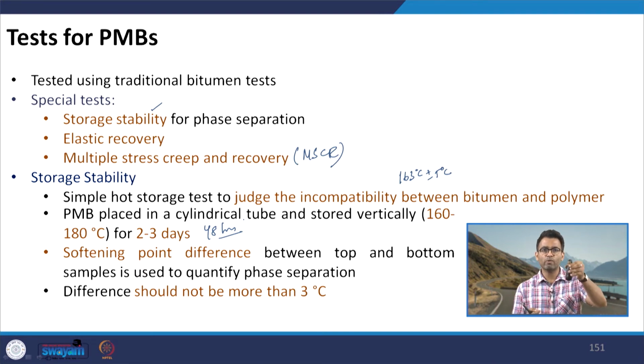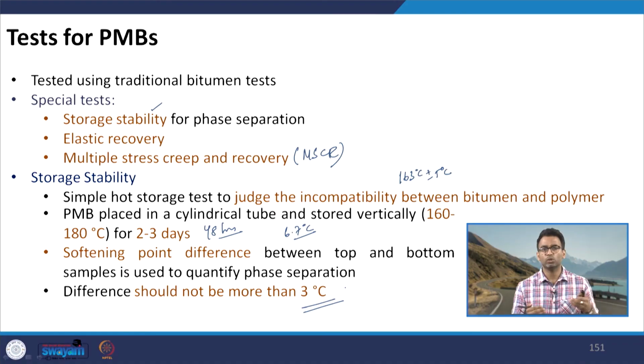Then we will take out the sample, we will cool it at around 6.7 degrees Celsius, we will freeze this sample, then we will take it out, and then we will cut this sample in 3 halves. So, this aluminum tube is filled with polymer modified bitumen, which I am cutting in 3 halves. I will discard the middle portion, and I will take the top portion and the bottom portion.